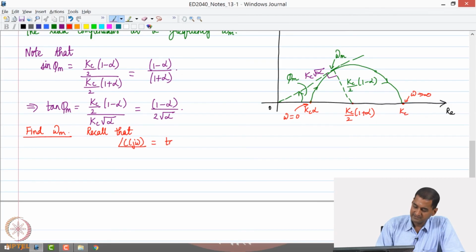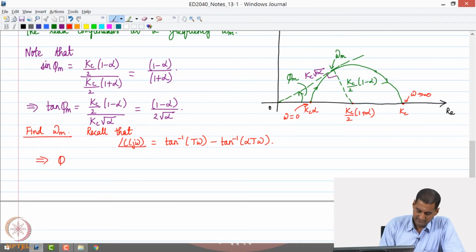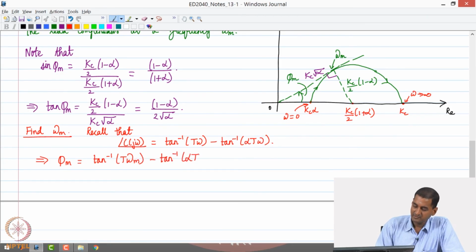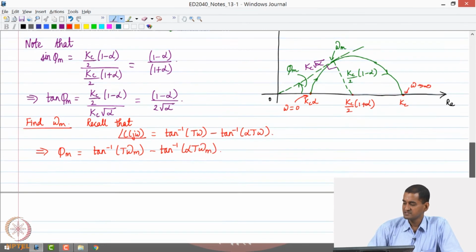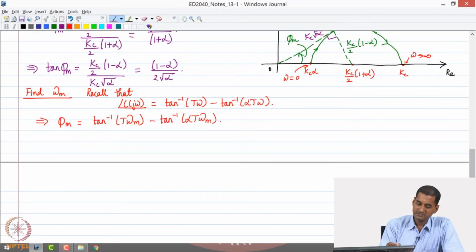Please recall that the phase of c of j omega is going to be tan inverse of t omega minus tan inverse of alpha t omega. So, this implies that phi m is equal to tan inverse of t omega m minus tan inverse of alpha t omega m, because we get the maximum phase angle of phi m when the frequency is omega m. So, that is what we are using.